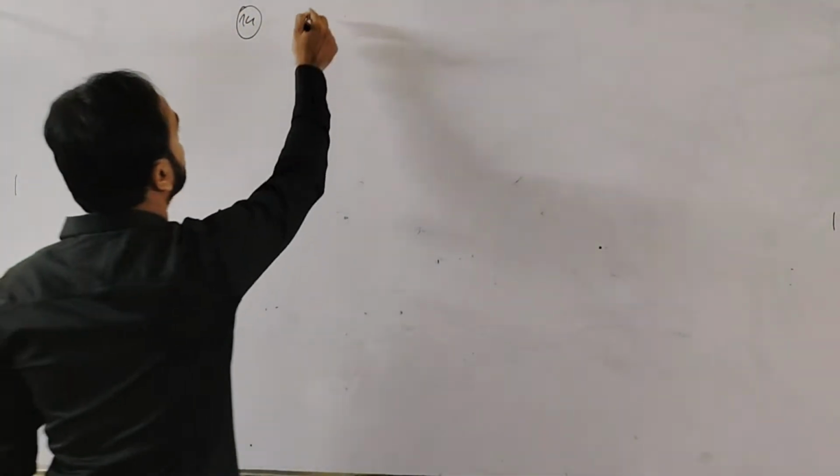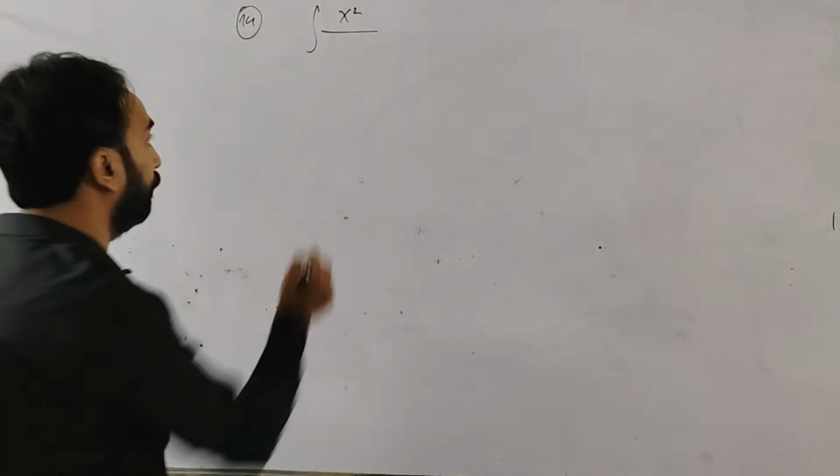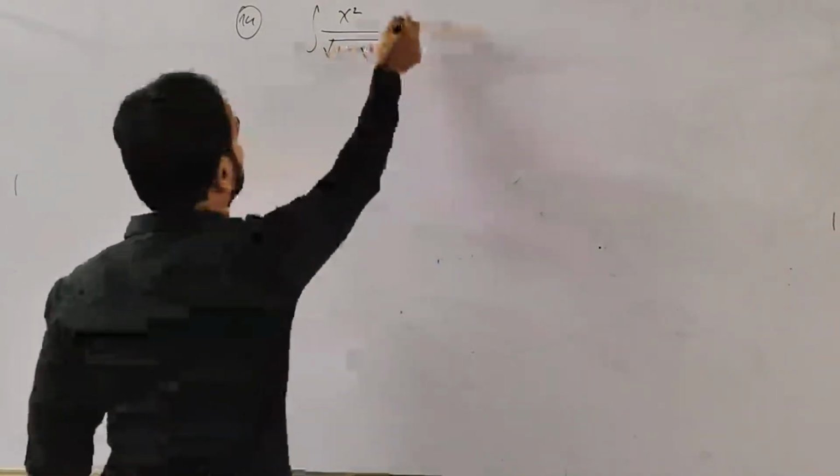Problem number 14 we have is the integral of x square divided by square root of 1 minus x to the power 6 dx.